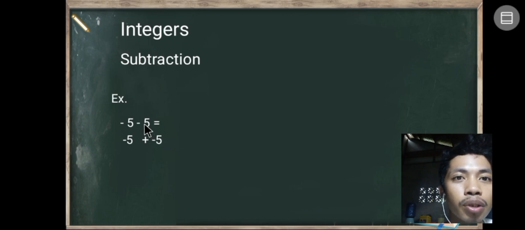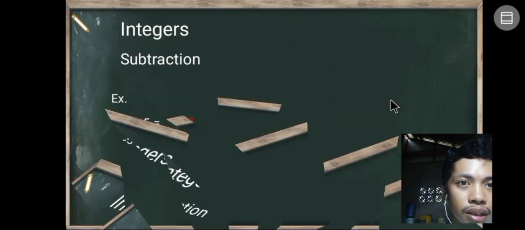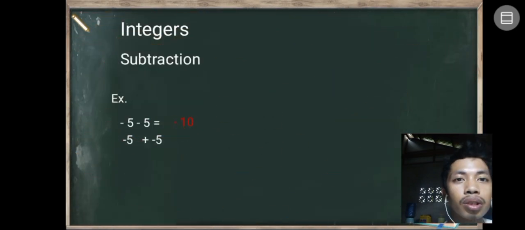According to the keep, change method, we need to change the sign of our second term, and that is negative 5, and that will be negative 10. So negative 5 plus negative 5 is negative 10.